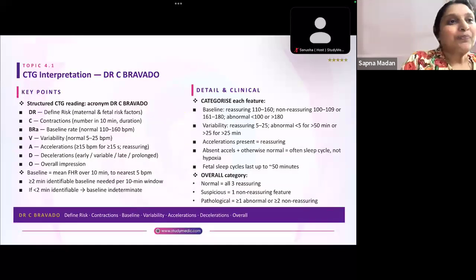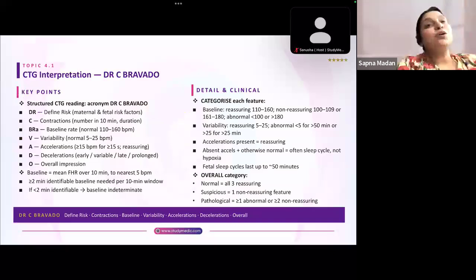All right. So moving on to CTG interpretation, and the famous mnemonic is Dr. C. Bravado. So when we see a patient in our labor room and the patient is having a CTG, a CTG of a primary gravida with no previous episodes. She doesn't have any reduced fetal movements. She doesn't have any preeclampsia, no high BP, no sugar. She's a normally built lady, so conceived normally.